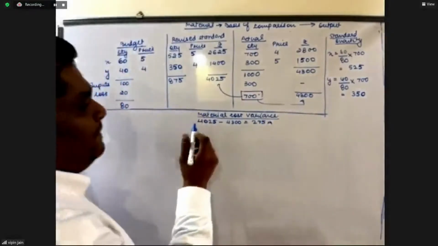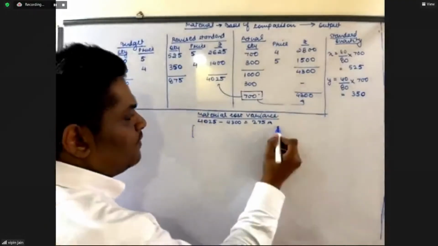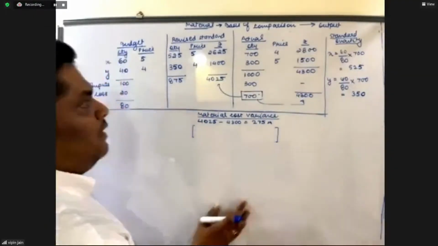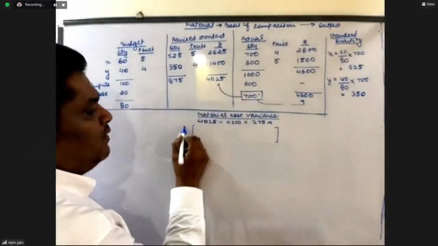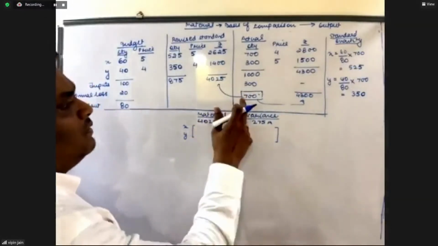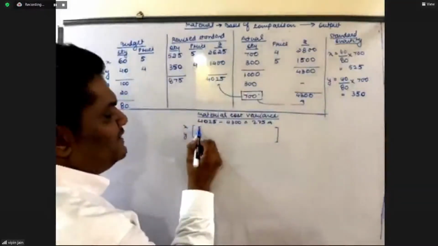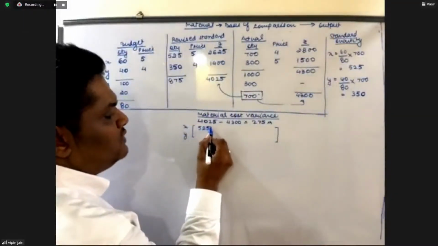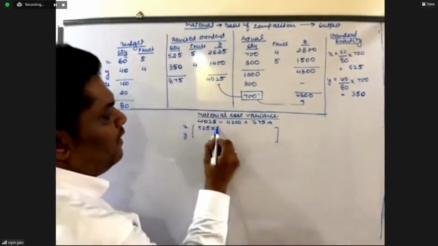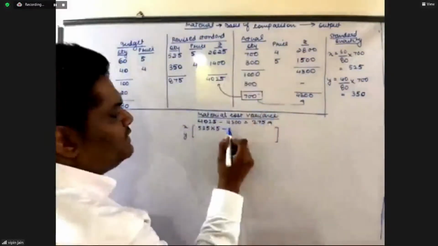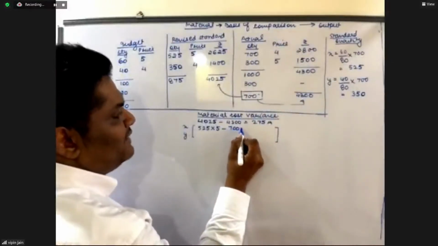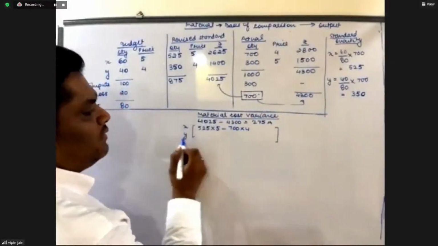Alternatively, we can say for 700 units, 525 kgs of X was supposed to be used at the rate 5. However, for manufacturing these 700 units, we actually use 700 kgs at the rate 4.